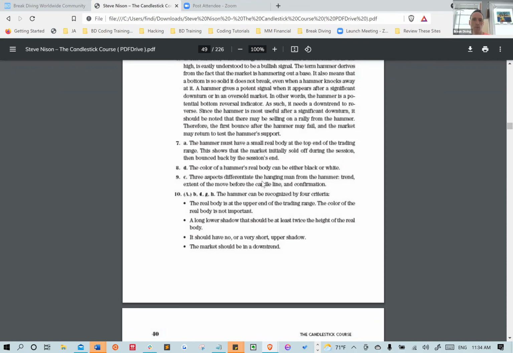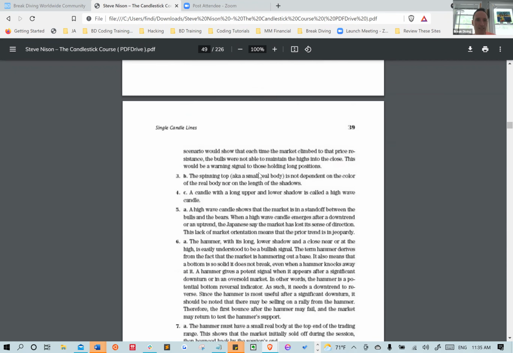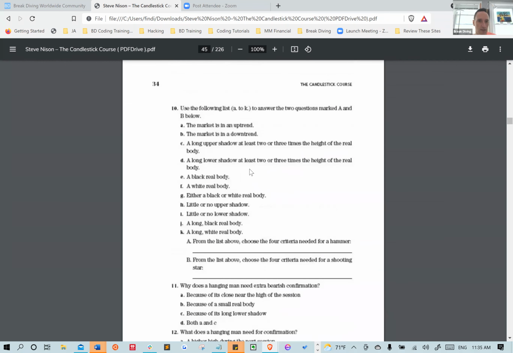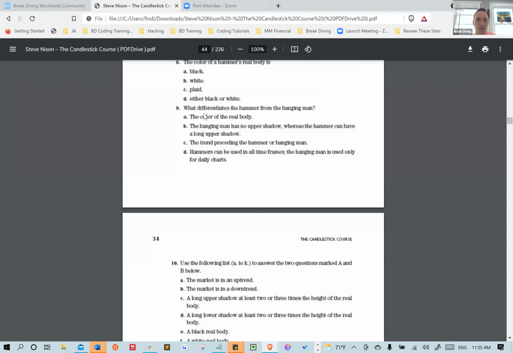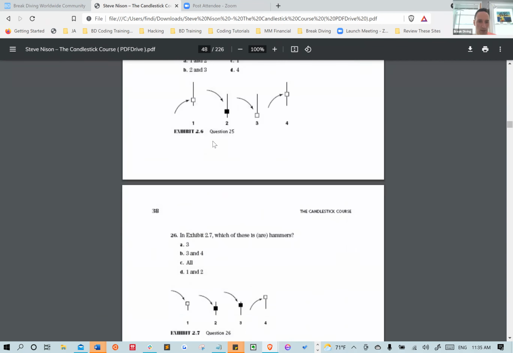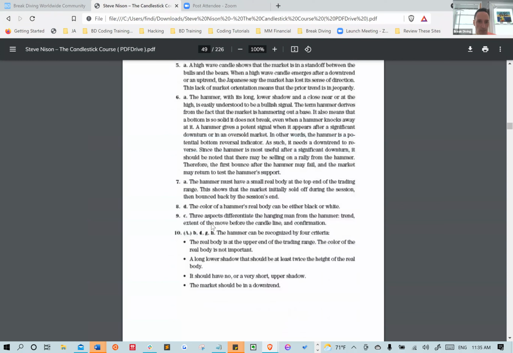What are they saying? Look at 9C. Hold on. What's the difference between the hammer and the hanging man? Yeah, the trend preceding the hammer. What was the other thing it said? He said the other thing is the extent of the move before the candle line.